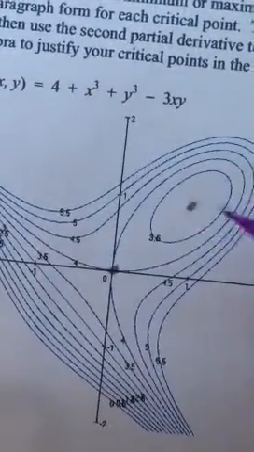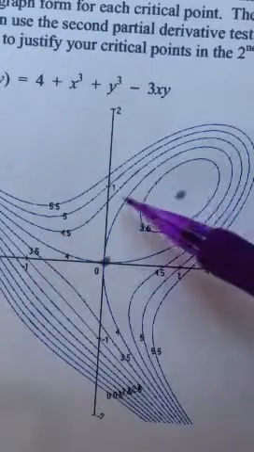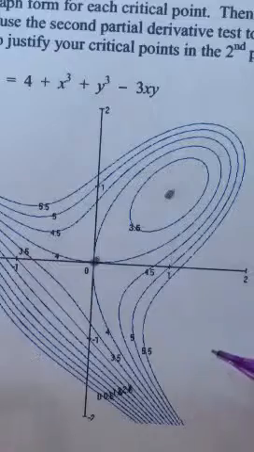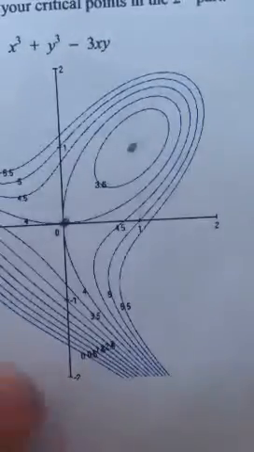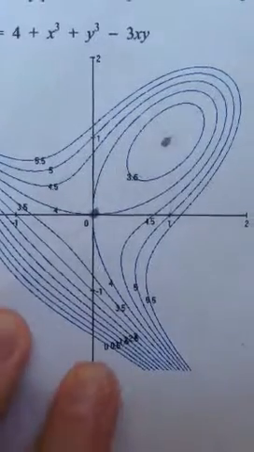So we found that the points that we had originally thought here, which we said was about 1, 1, and this point that we said was 0, 0, were accurate. Now to find out what kind of points these are, we're going to try the second partials test.